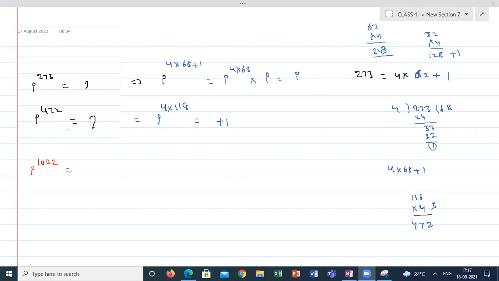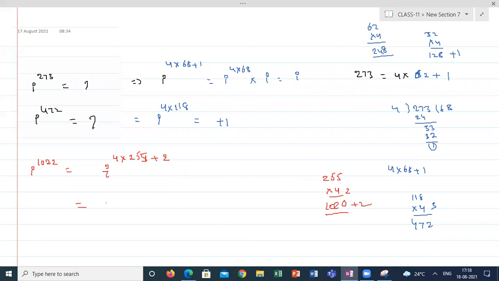Nitin, how to write 1022? i^(4 into 255) plus 2. 255 into 4 is 1020, plus 2.